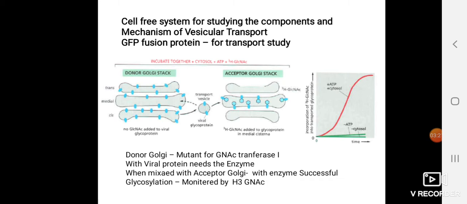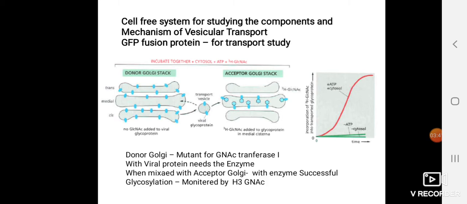Now they have added this Golgi complex, and the viral protein molecule they had taken was tagged with a green fluorescent component. So it was a fusion of green fluorescent protein.